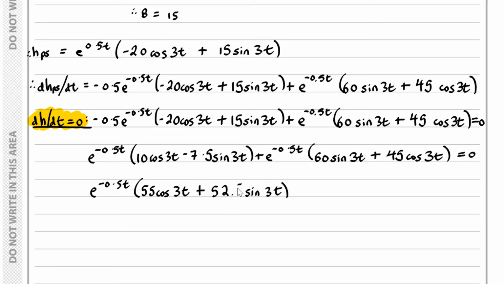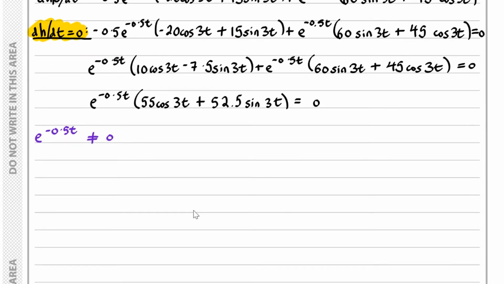And this of course is equal to 0. Now we should know that e to the minus 0.5t cannot equal 0, and therefore we have 55 cos 3t plus 52.5 sine 3t equals 0.